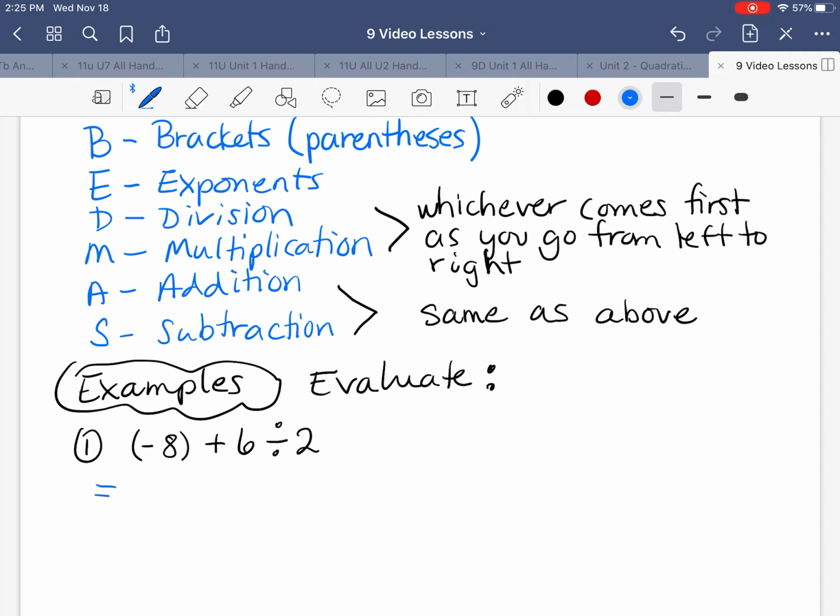So we want to go through BEDMAS, and that means that we're going to be doing 6 divided by 2 first, because division needs to be done before addition. So my next line is going to be -8 plus 3, because 6 divided by 2 gives us 3. And now we're left with just addition, and -8 plus 3 gives us -5.